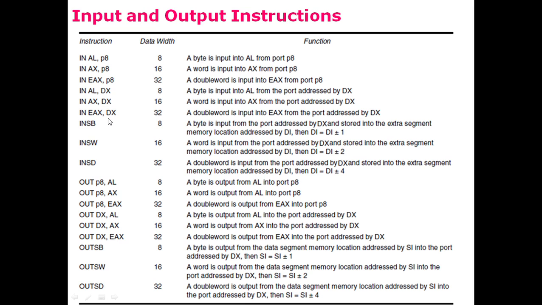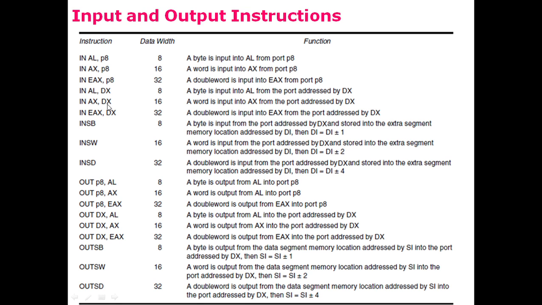So here the port address, or the address of the input and output port, is provided through a register DX. So this is always the DX register. So this instruction reads 8-bit data from the port addressed by the value in this DX register, and this 8-bit data is read into accumulator AL.